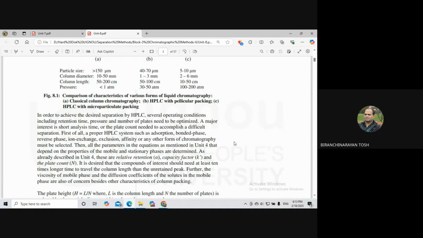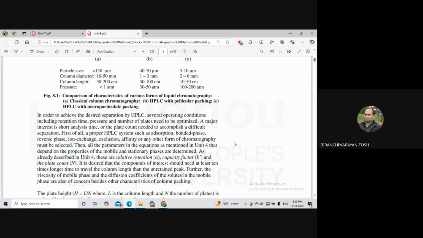Okay, in order to achieve the desired separation by HPLC, several operating conditions, including retention time, pressure, and number of plates, need to be optimized, as we have already discussed earlier. A major interest is in short analysis time or the plate count needed to accomplish a difficult separation.